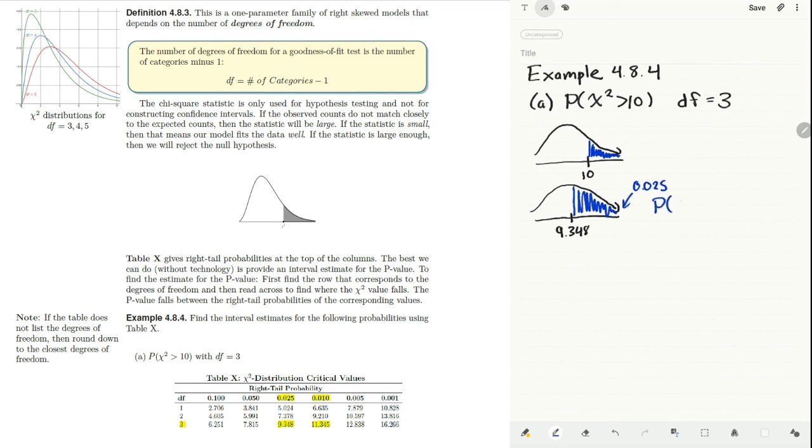So mathematically, we're given that the area to the right of 9.348 is 0.025.